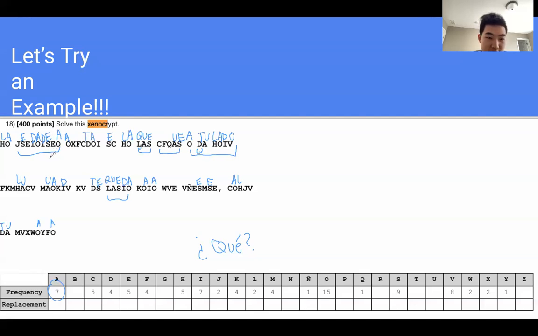Maybe somebody who's taking Spanish can see the second word. After queda, there's an I. Okay, thanks. I mean, this word is probably cada. Oh, wait, no, it's not cada. Don't listen to me, because something doesn't make sense in Spanish.